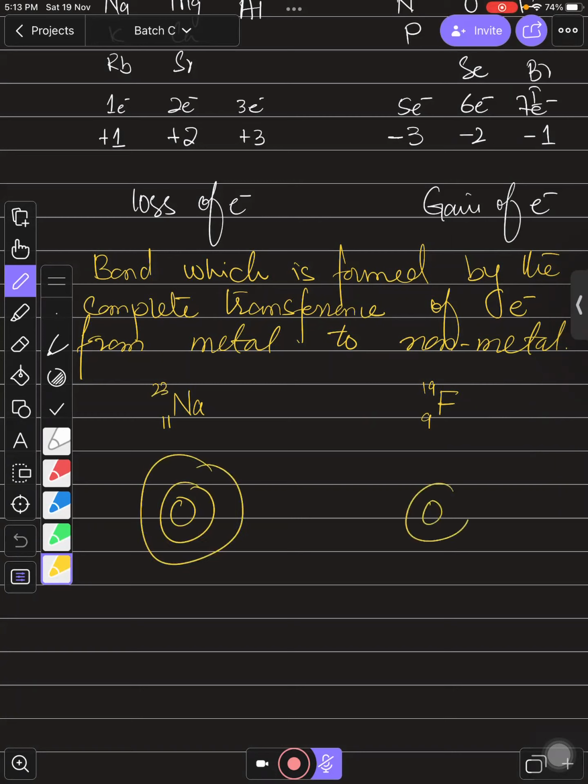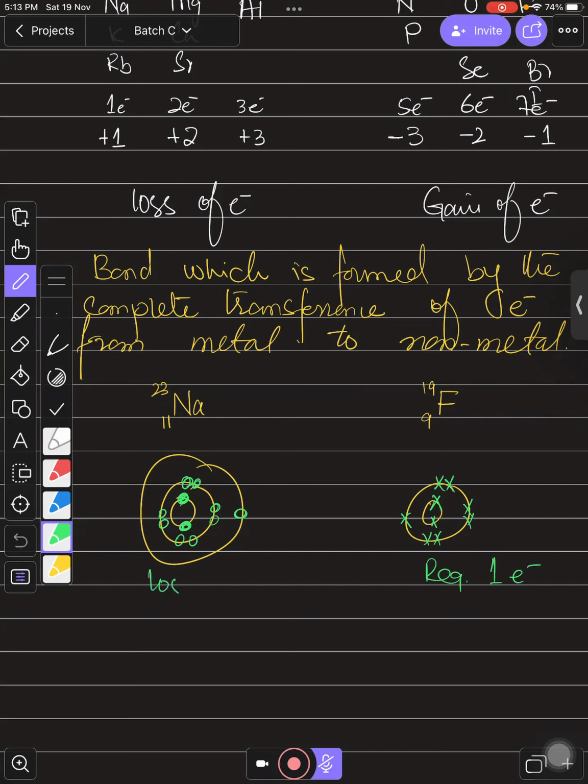In sodium we have 2 electrons in the first shell, then 8 electrons in the second shell, and then 1 electron in the third shell. Then in fluorine, 2 electrons in the first shell and then 7 electrons in the second shell. You can see it requires 1 electron.